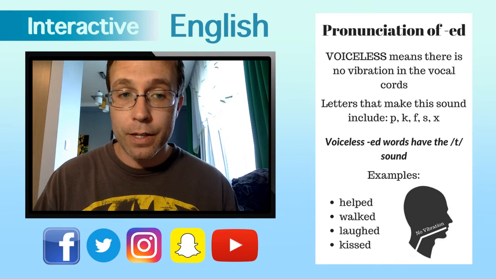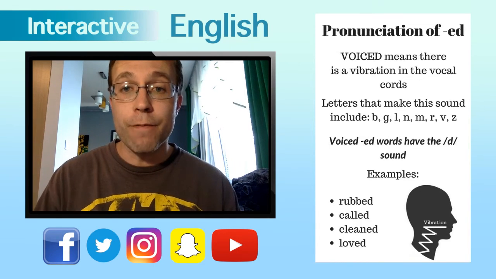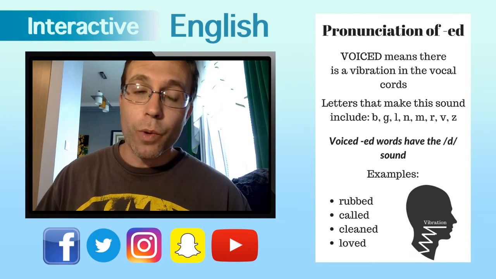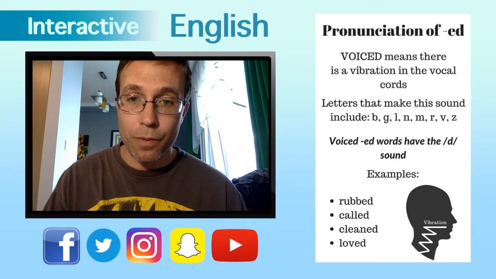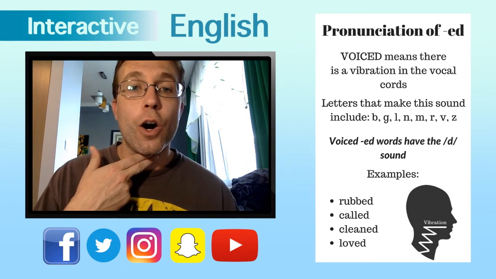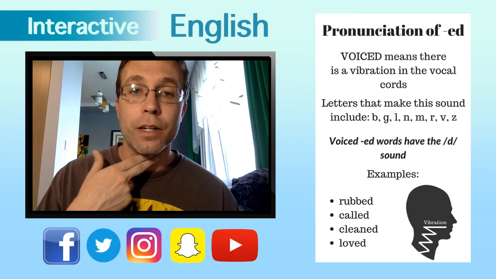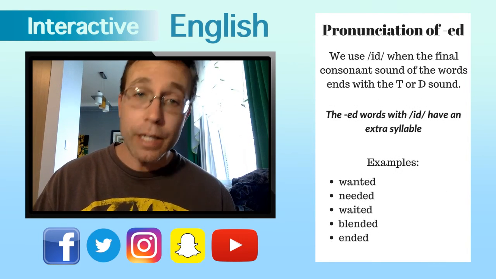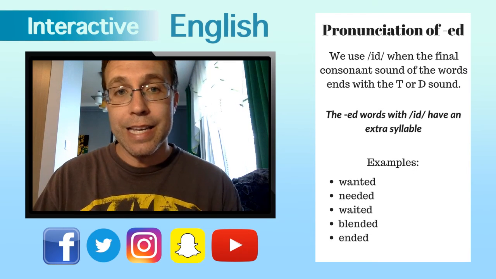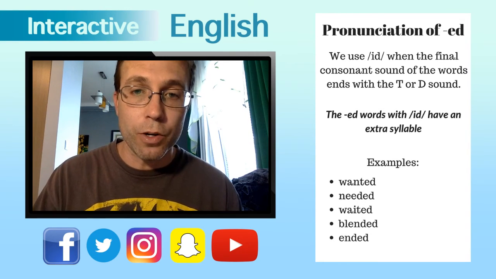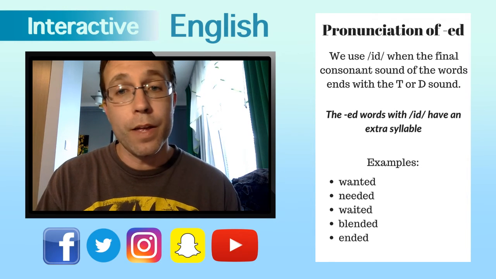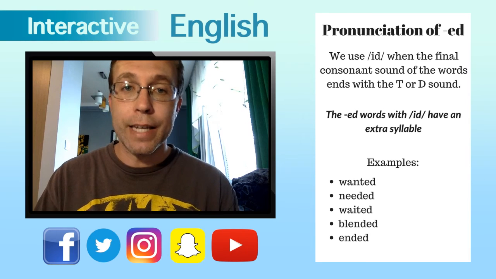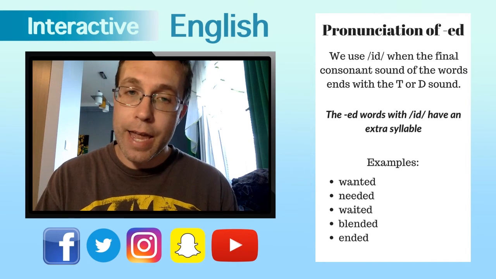If it's a voiced sound, which means there is vibration in the vocal cords, we're going to add a D sound. L, call, called. And finally, if the final sound is a T or D sound, then we're going to add an id to it. You can look at those words again. Those are good examples, and they're very common verbs. Wanted, needed, waited, blended, ended.